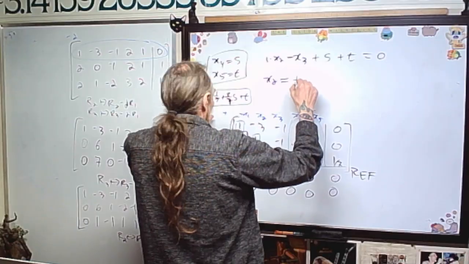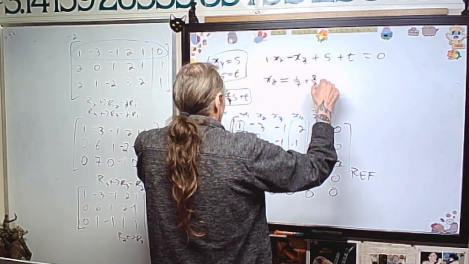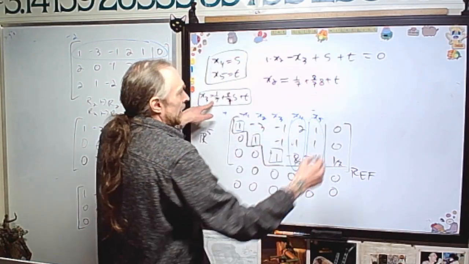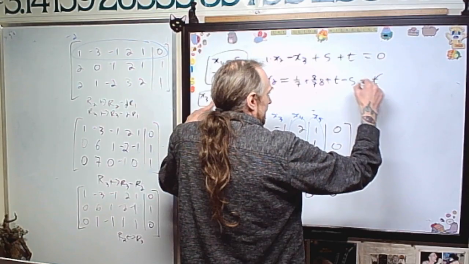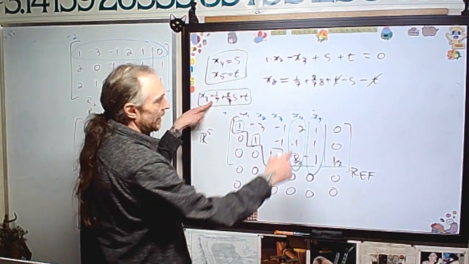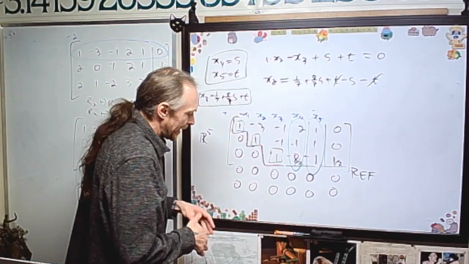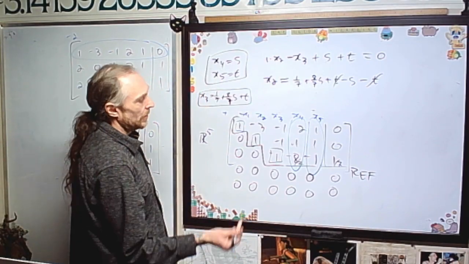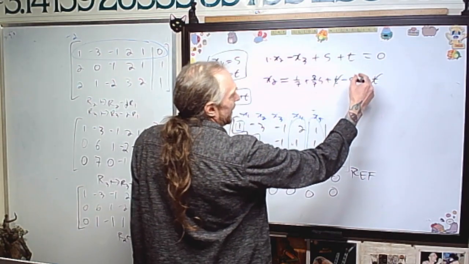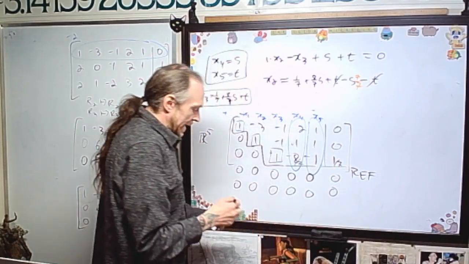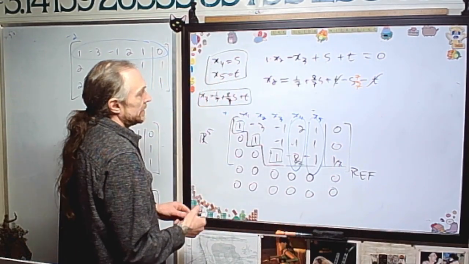So I get 1 over 7 plus 8 over 7 s plus t minus s minus t. So that's not so bad. I don't know why they're complaining. I put an 8 there, that's an s. Nobody pointed out how to do fractions correctly. Let's use the denominator 7. Now I can add the fractions. That's not so bad.